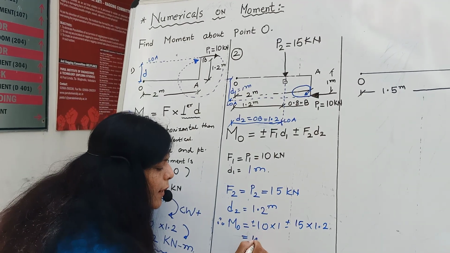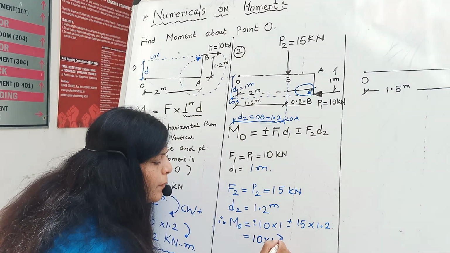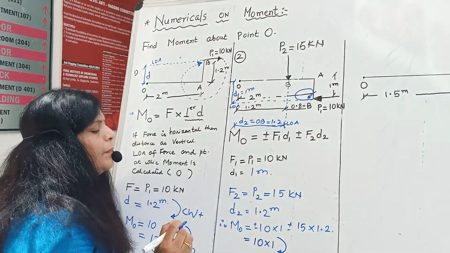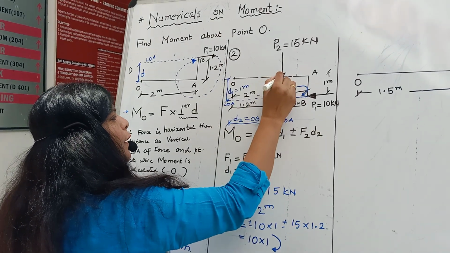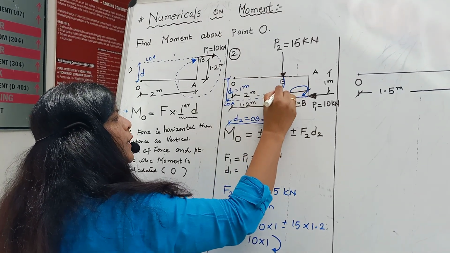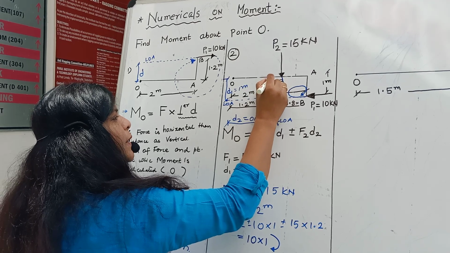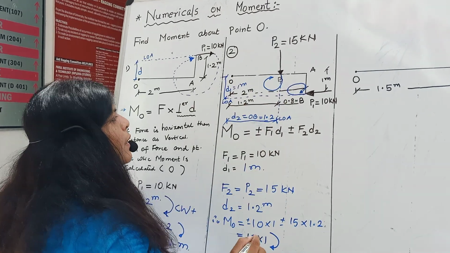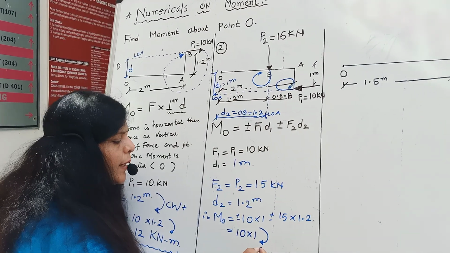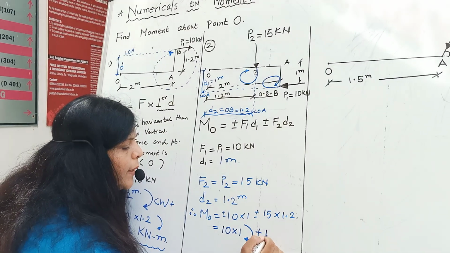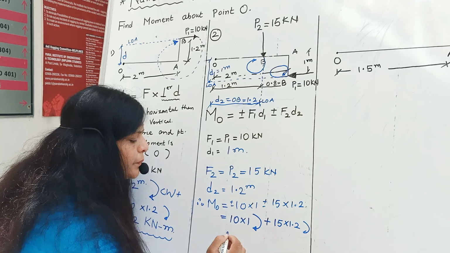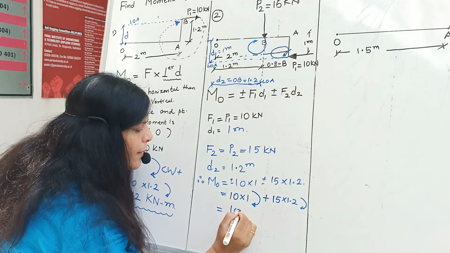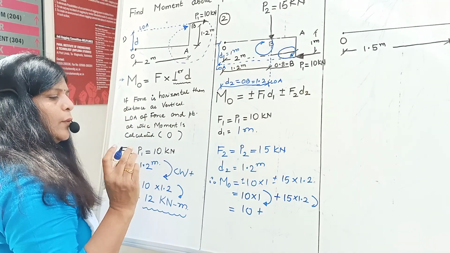So this is 10 into 1 clockwise, and we go to the second force P2. Again I want to go to point O. So how will I rotate? I will rotate in this manner, and come back to point B. So again it is clockwise, and clockwise we are taking as positive. So 10 plus, what is 15 into 1.2?